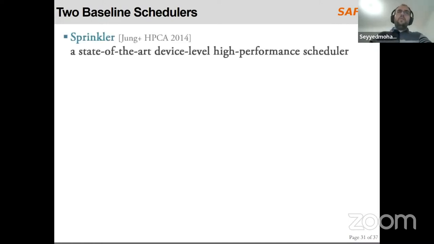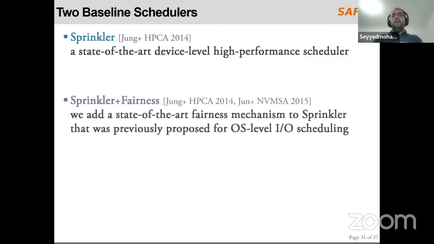We also consider 2 baseline schedulers as comparison points. One of them is Sprinkler, which is a paper published in HPCA 2014. This is a state-of-the-art device-level high-performance scheduler. And to see how effective prior fairness schedulers are, as we mentioned, previously we had fairness IO scheduling inside the OS, we apply that fairness technique without any change on top of Sprinkler.